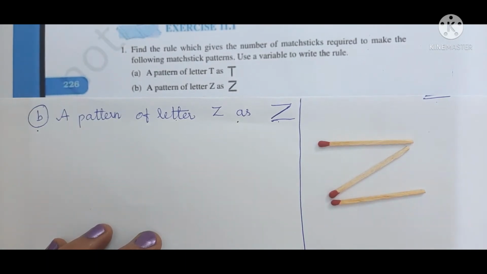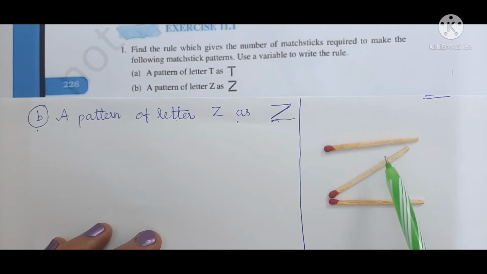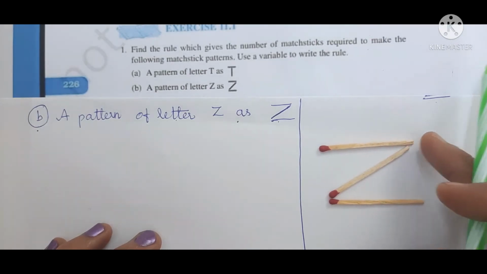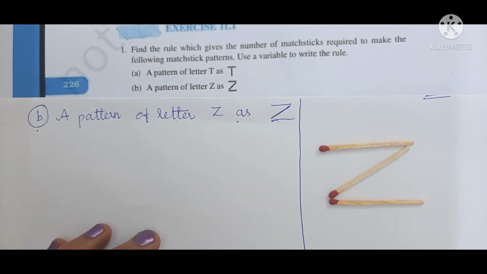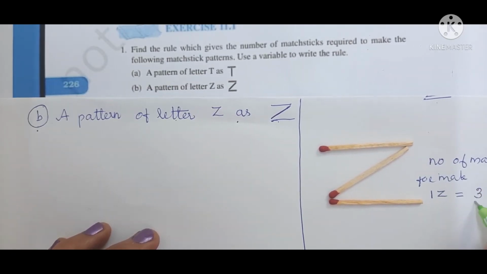So we need 3 matchsticks. Look here, 1, 2, 3. So the number of matchsticks for making one Z is equal to 3.